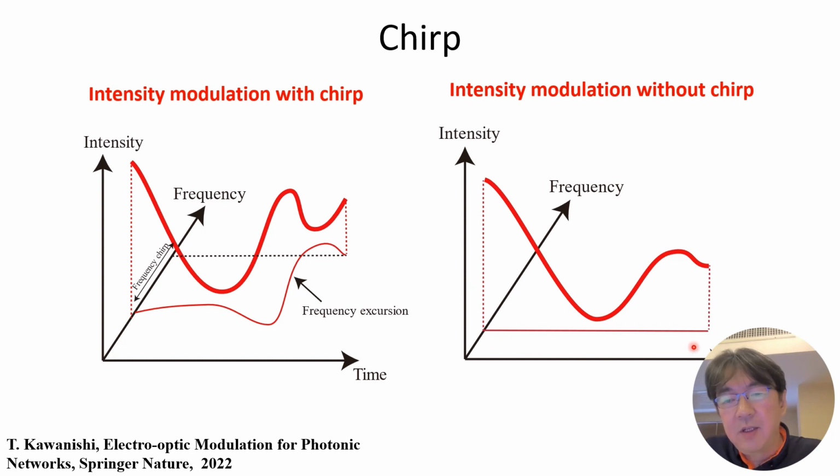This graph shows intensity modulation without chirp. There is no frequency excursion. So for ideal modulation, we have to generate the intensity modulated signal like this.